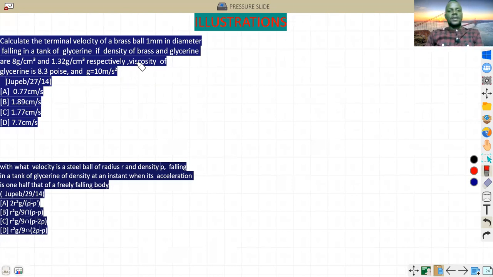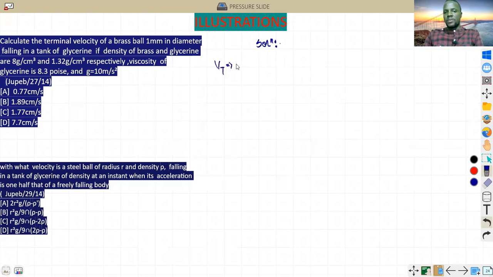Now, according to the terminal velocity formula we derived in the concept video, the solution can be written directly. Remember the formula, you have to keep it in mind.